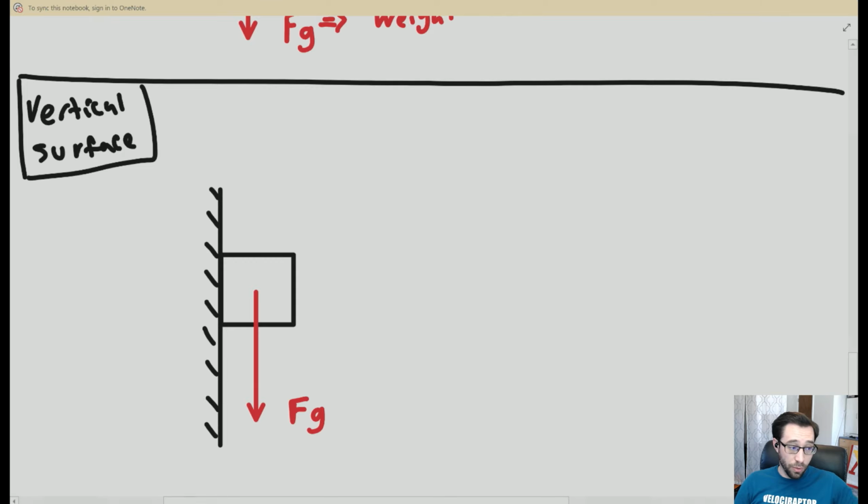So there's no force pushing it into the wall anymore. So that's not there. And since I'm not pushing into the wall, the wall's not pushing back. We're also assuming that there's no air resistance. So are there any other forces acting on the box in this situation?